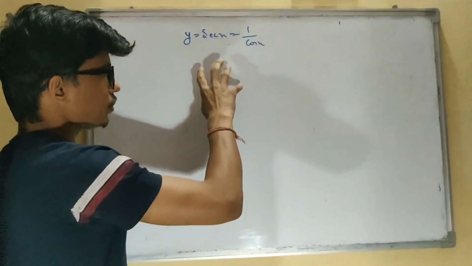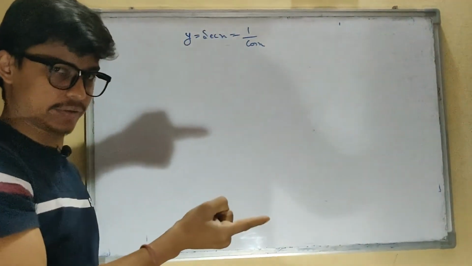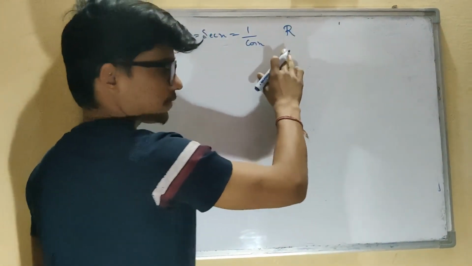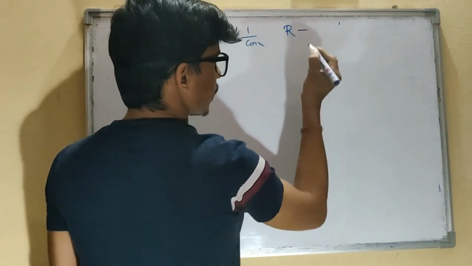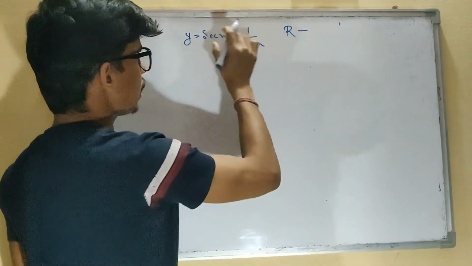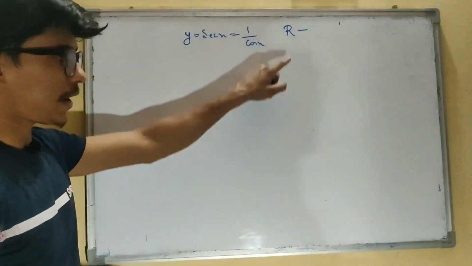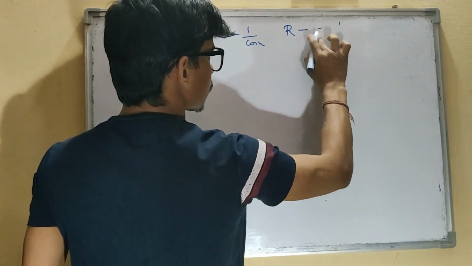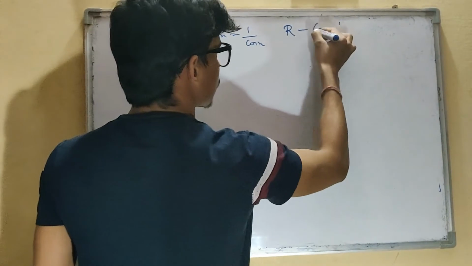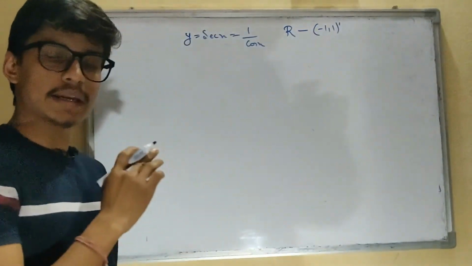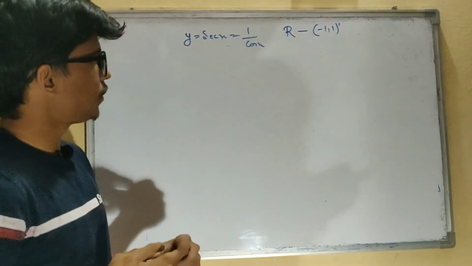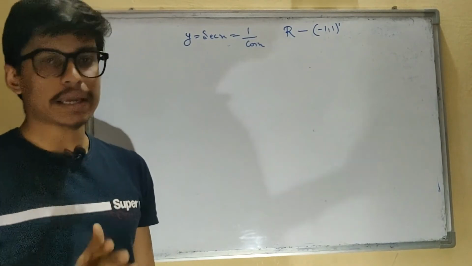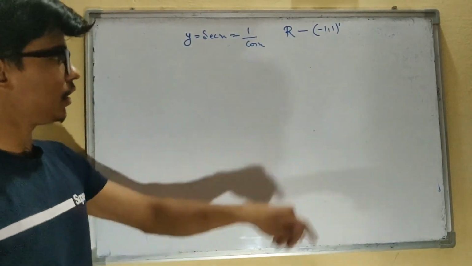So what is the possible value of sec x? Sec x can attain any real number except the values between -1 and 1.